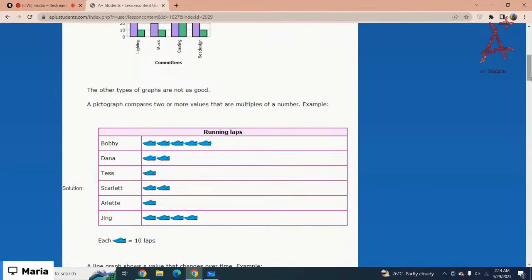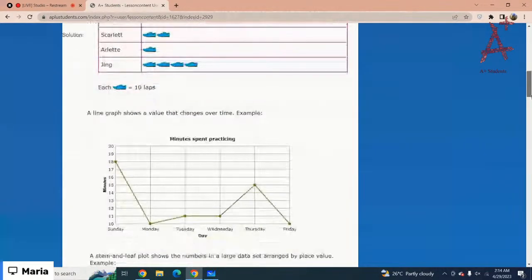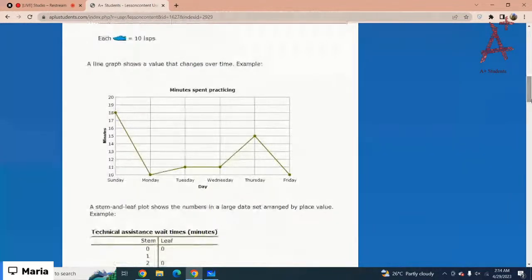Okay, then you have the line graph. A line graph shows a value that changes over time. If the values are changing over time, you can use the line graph. A stem and leaf plot shows the numbers in a large data set arranged by place value. So if you're given large values, you can arrange them by the place value. That means you can use the stem and leaf plot in this case.